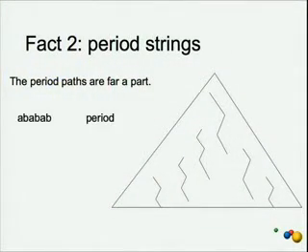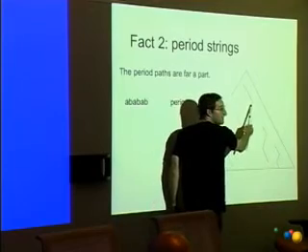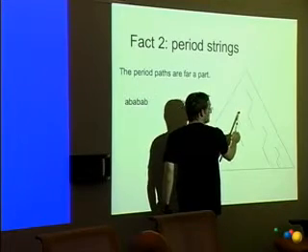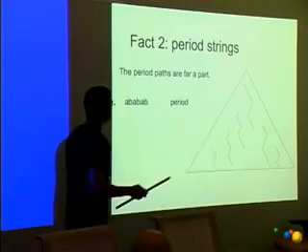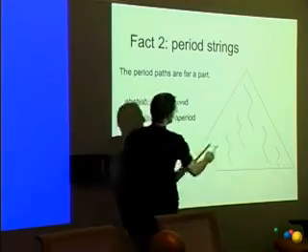Let's start with this A, B, A, B, A, B. This is periodic. Let's say that this word is here. Now I want to go to here. This is the next period path. To go to here, I start by going here.